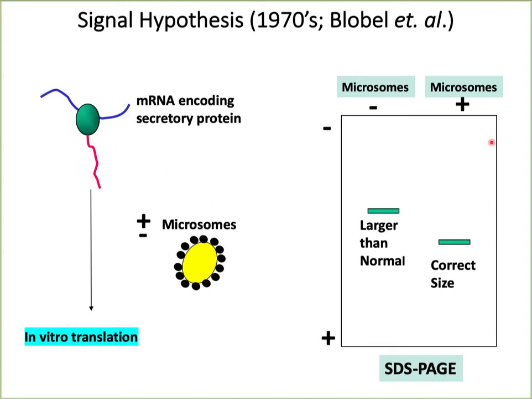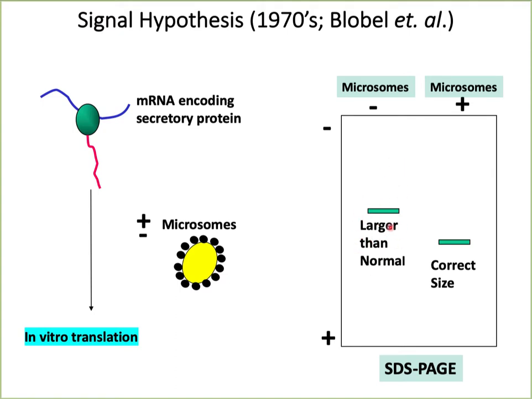What he observed was that in the absence of microsomes, the proteins were larger than predicted, but in the presence of microsomes, they were of the correct size. This is the experiment that supported the idea that the signal sequence, or some part of the protein, was cleaved off in the presence of microsomes. So in the absence of microsomes, the protein has the signal sequence.